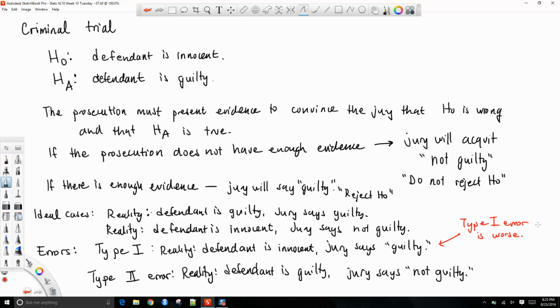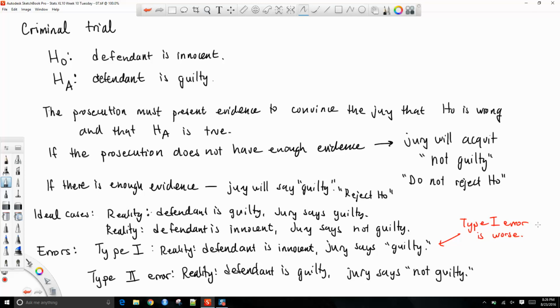So in the criminal trial, if we decide that the type 1 error is worse, that it's worse to have a false positive, do we want a large alpha or a small alpha? Alpha is the risk of a type 1 error.